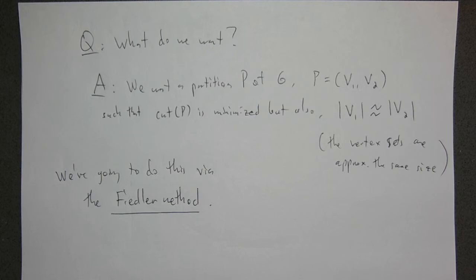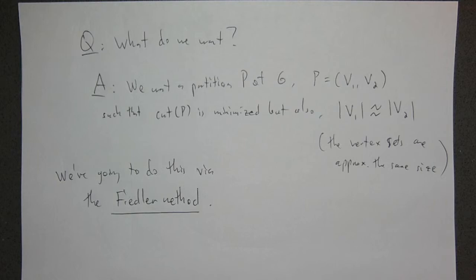So from page 8 until you get to the MATLAB portion of this chapter, it's going to be discussing the Fiedler method. And there's going to be a ton of examples here, and that's what we're going to go over. The Fiedler method is a way of partitioning the graph, and it's a very straightforward way of going about it, and it's completely amenable to MATLAB and computations in that way.